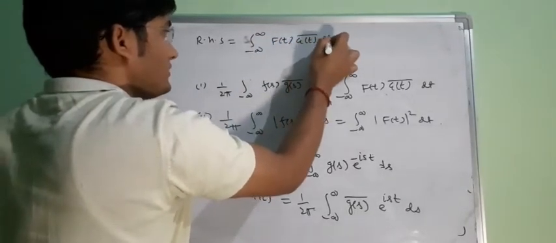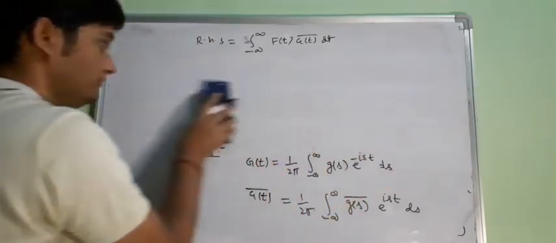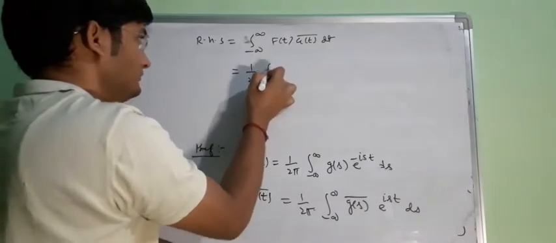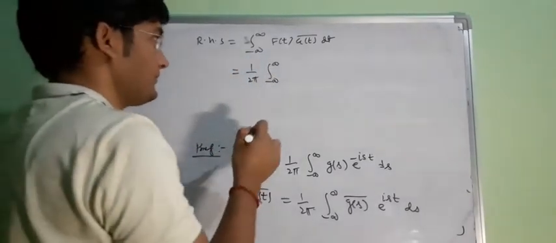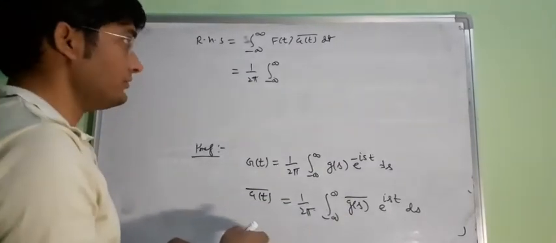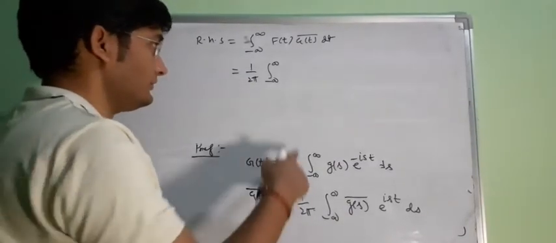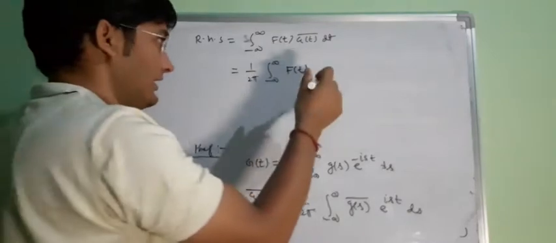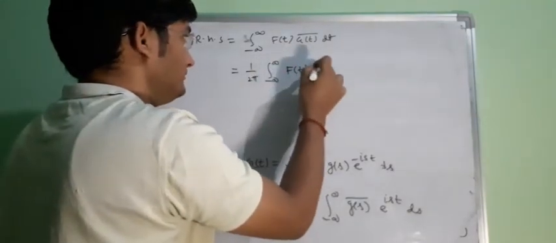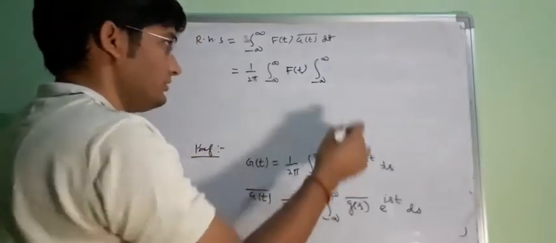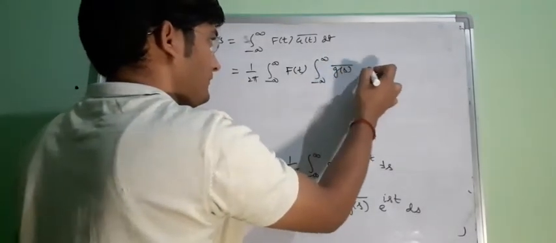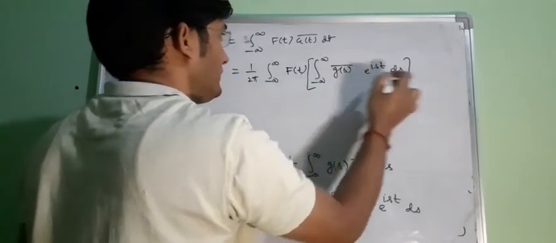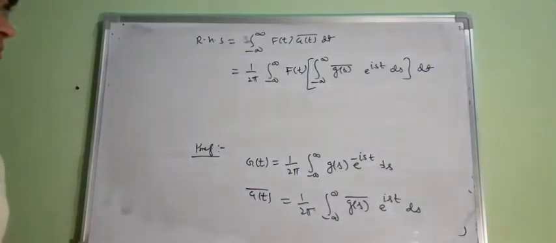So this is equal to the integral of f(t), and the value of g(t) bar is 1 upon 2 pi times the integral from minus infinity to infinity of g(s) bar e to the power ist ds. Then at the outside we have dt.